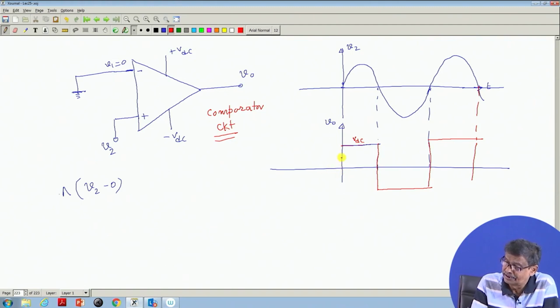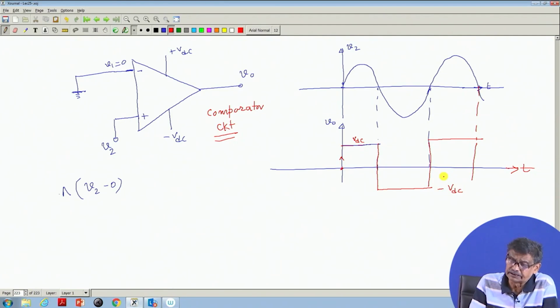To get the idea of zero crossing of this signal, it could be any other signal, but whenever it goes positive, it will become like this, and if it goes negative, it will saturate to a negative value. That is the thing. What is this axis? Time. So, any difference in the voltage V2 and V1 will make the output go either to plus VDC or minus VDC.